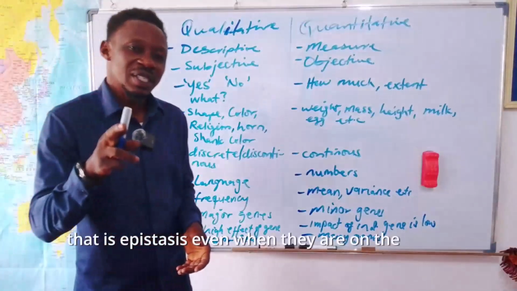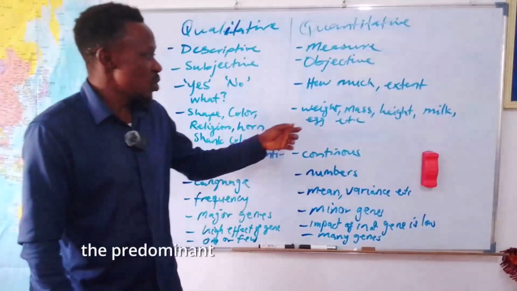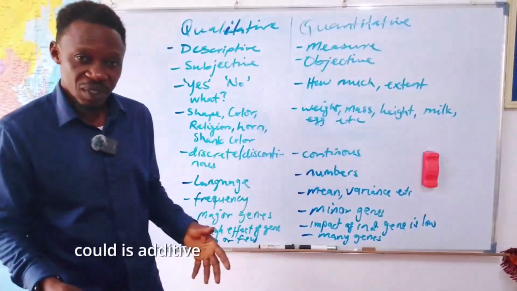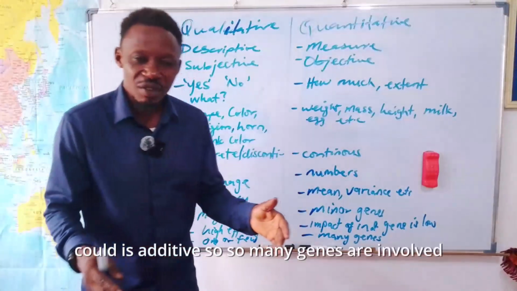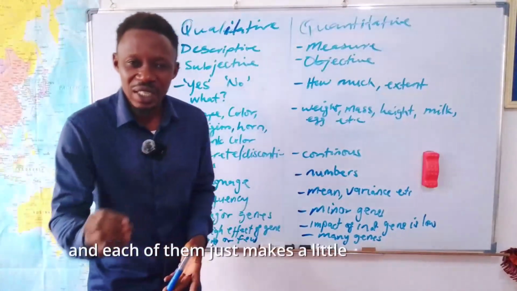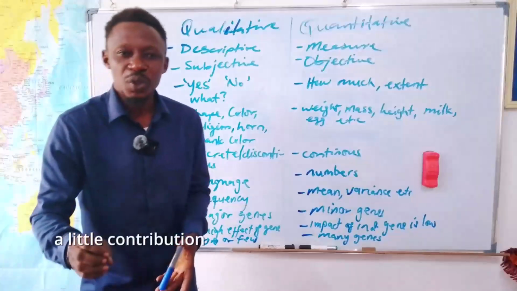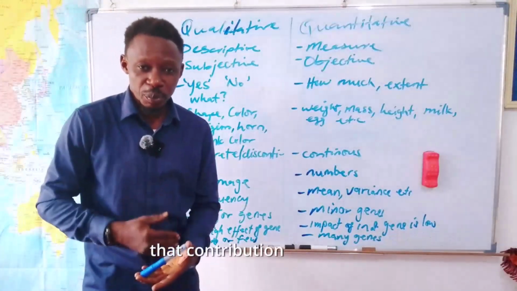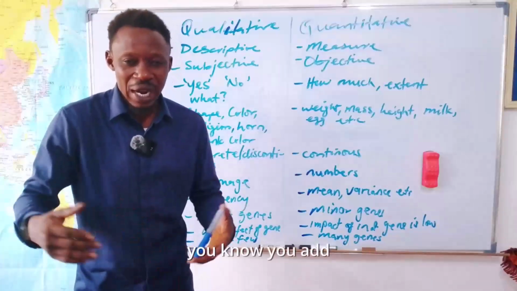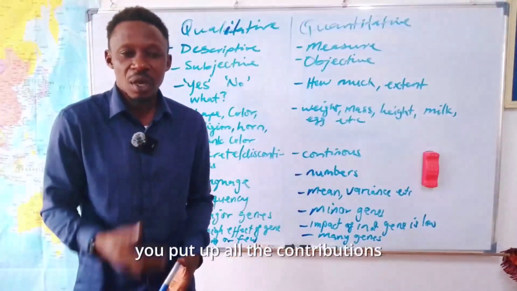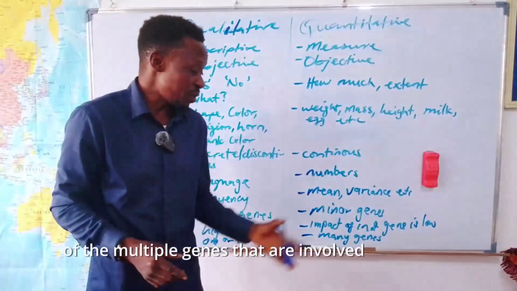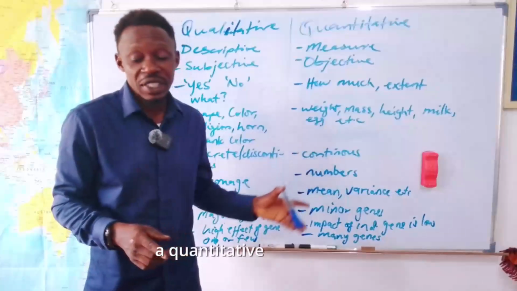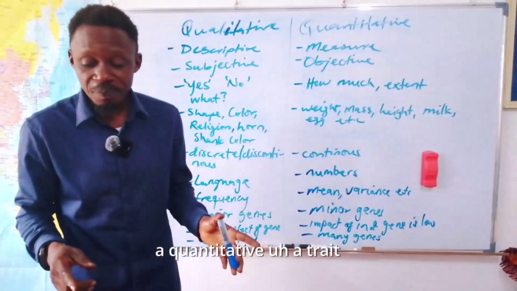Even when they are on the same locus, the predominant form of gene action here is additive. So many genes are involved, and each of them just makes a little contribution to the overall expression of that trait. That contribution is additive. You put together all the contributions of the multiple genes that are involved in this trait. That is how you come about a quantitative trait.